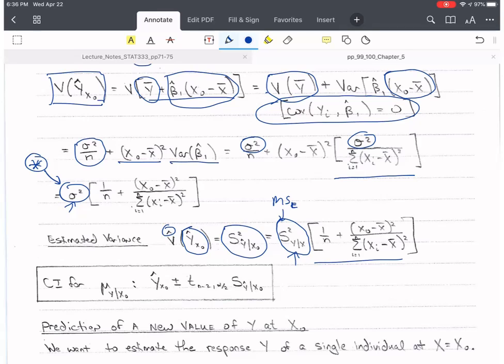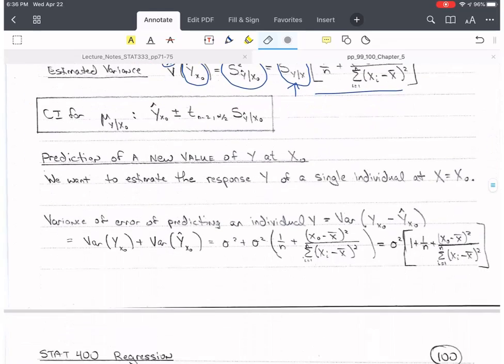So now we have the standard error of the estimate, and that is multiplied by the t statistic with n minus 2 degrees of freedom, because that's the degrees of freedom of the sum of squares error. So we have our confidence interval formula here, y hat x naught plus or minus t times s sub y hat given x naught. Okay, so that's one of the confidence intervals.